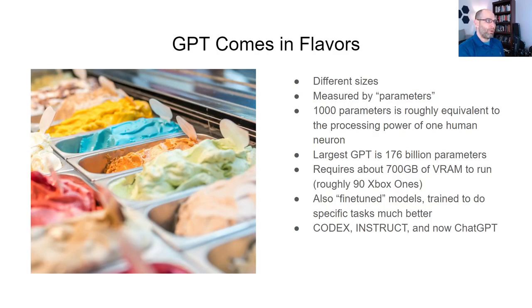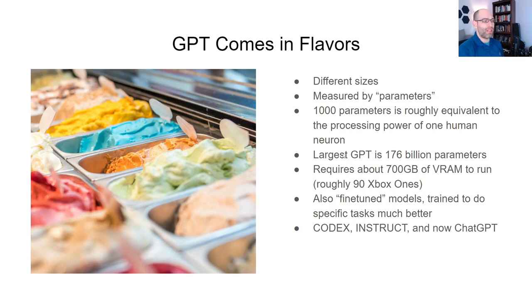The next thing that you need to know is that GPT comes in flavors. There's two kinds of flavors that it comes in. One is that it comes in different sizes. There's larger ones and there's smaller ones, and it's all measured by the parameter count. The parameter count is basically the number of connections inside of that neural network. And there was a paper that came out a year or two ago that said that for these neural networks, roughly 1,000 parameters in a deep neural network are equivalent to the processing power of one human neuron.